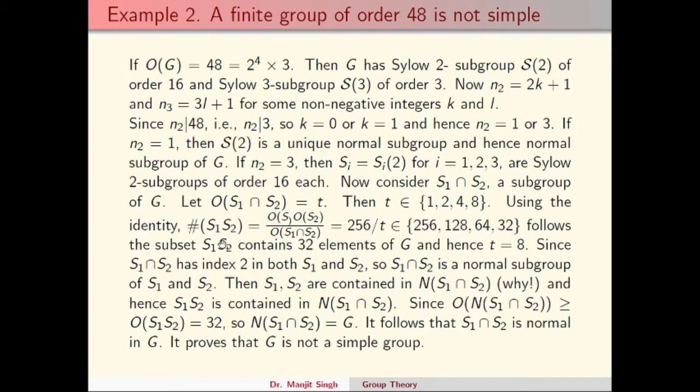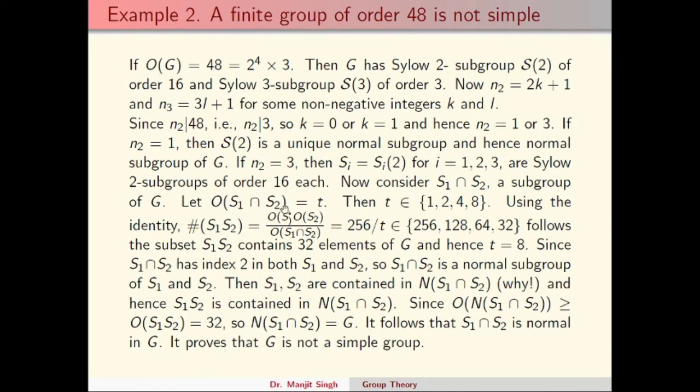So the only possibility is that S1 S2 has 32 elements, and therefore T is 8. So the order of S1 intersection S2 is 8.